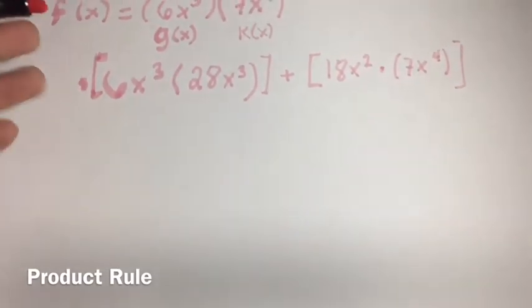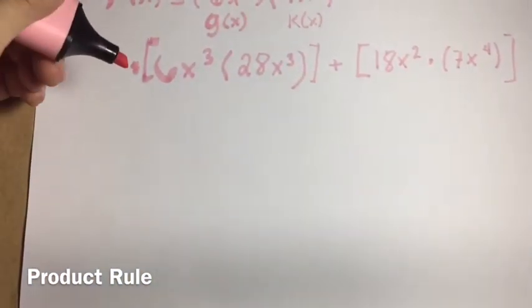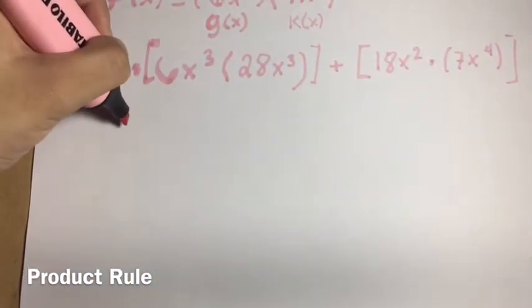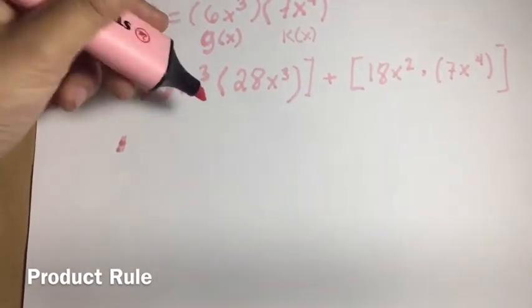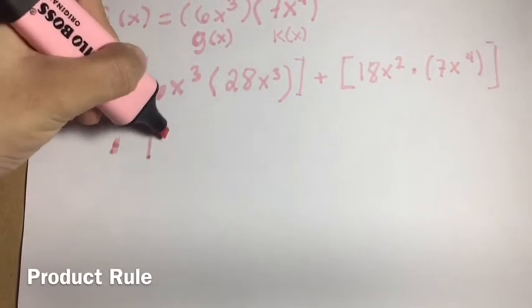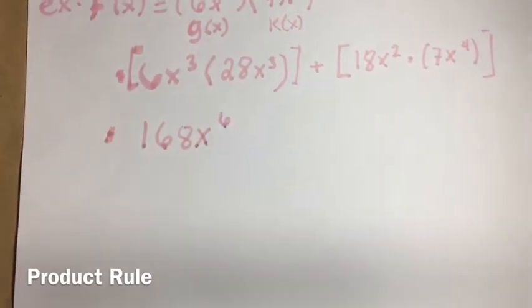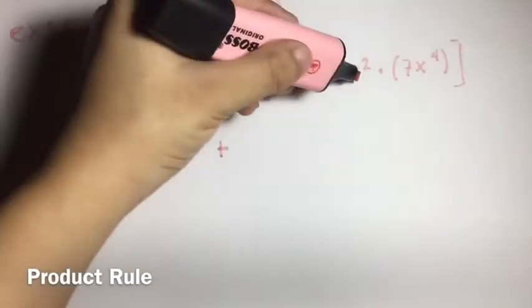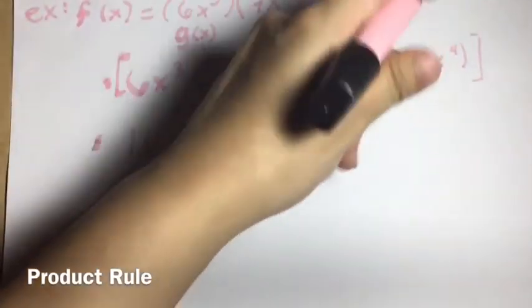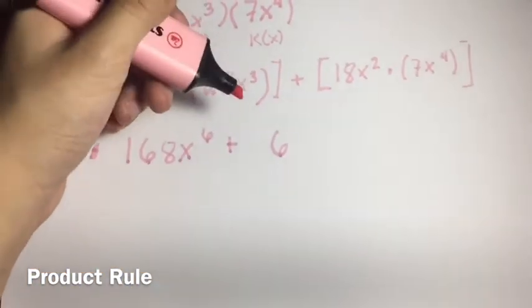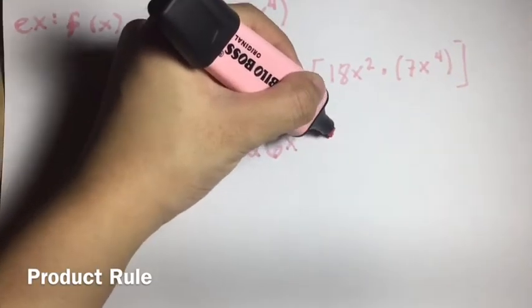And then you're going to now just simplify this. So you're going to just multiply this as well. So this will be 28 times 6 would be 168 times x to the 6th power plus 18 times 7 would be 126 x raised to the 6th power.